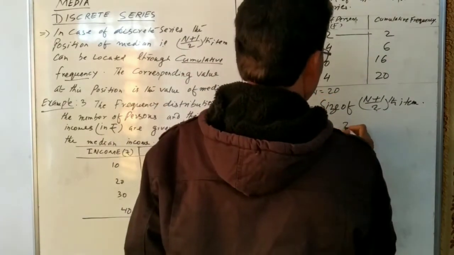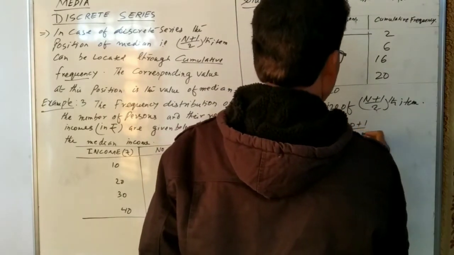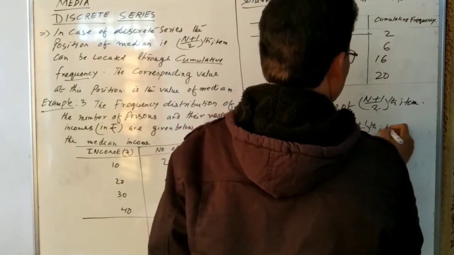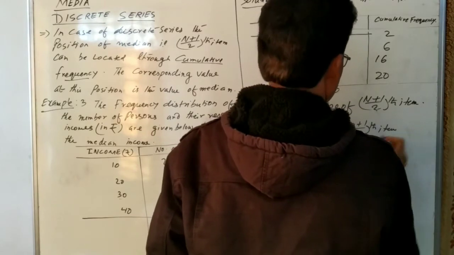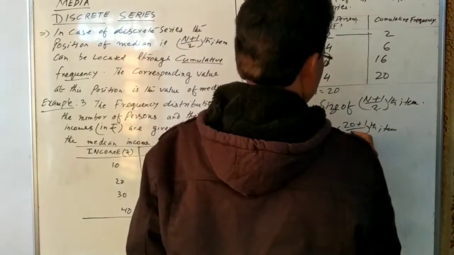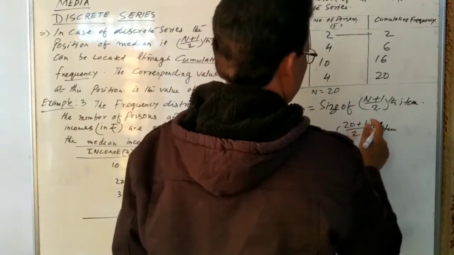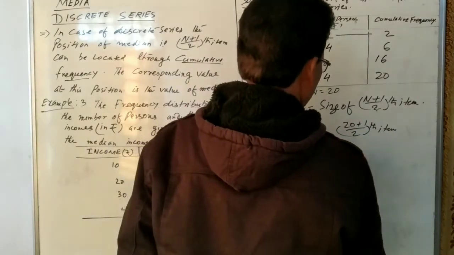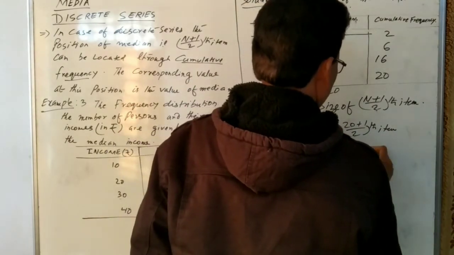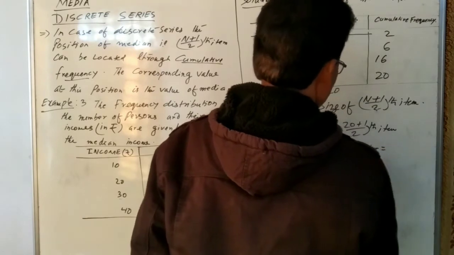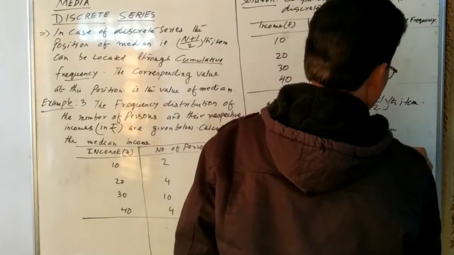So this is 20 plus 1 divided by 2th item, which is 21 divided by 2th item. And this will be 10.5th item.